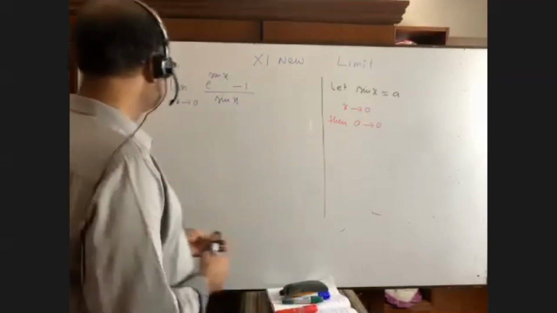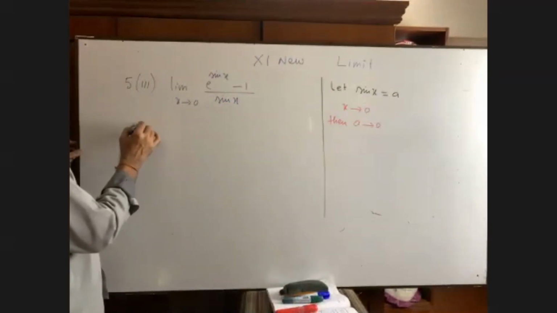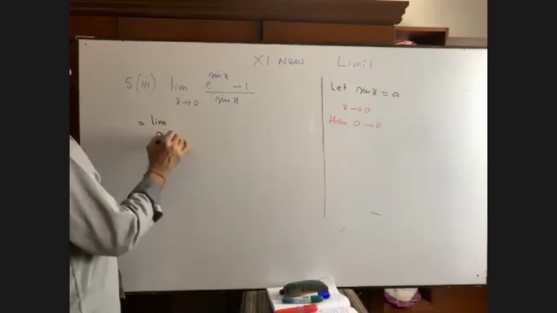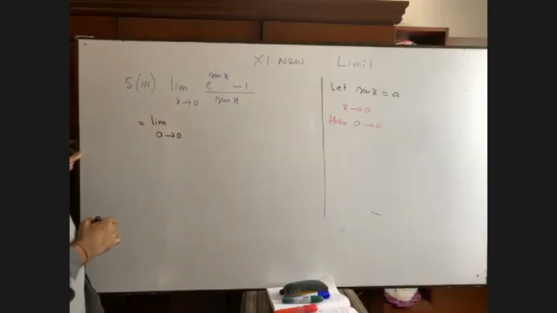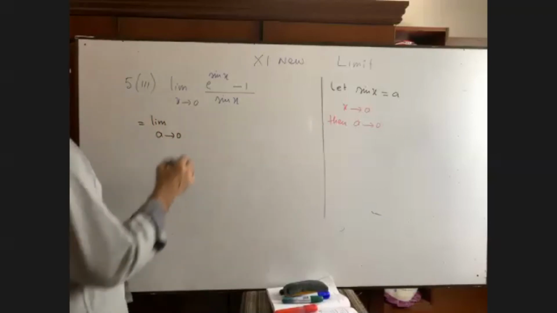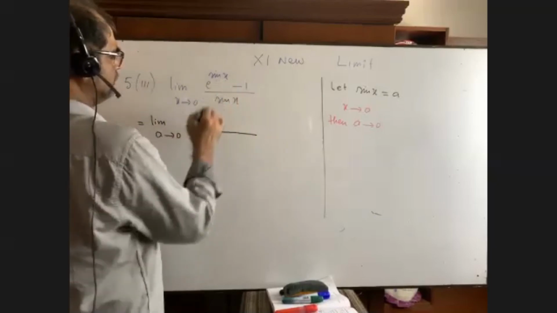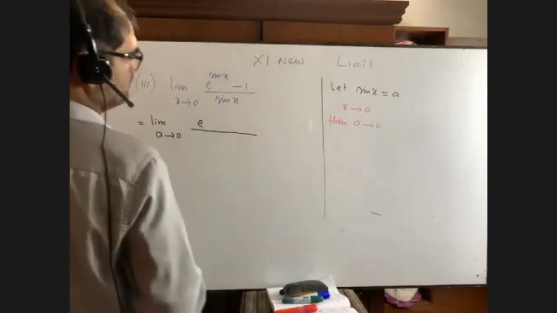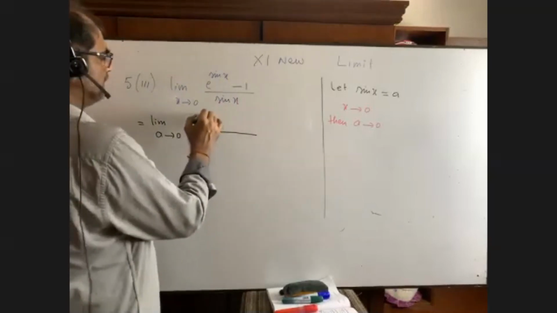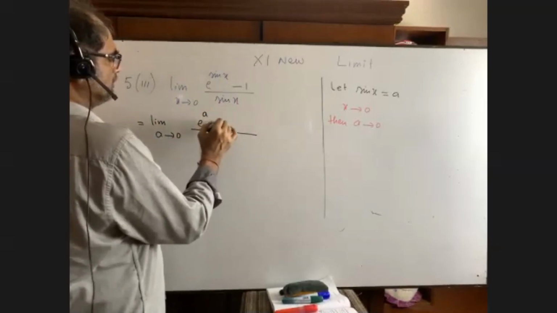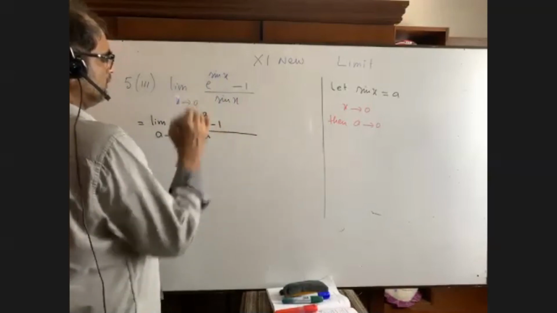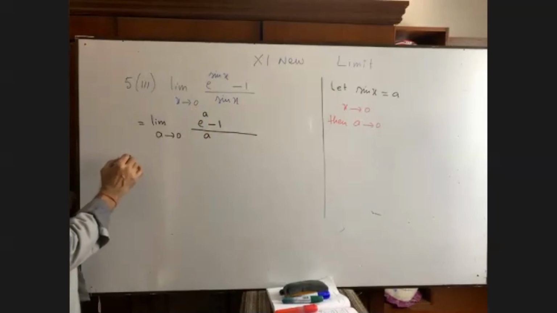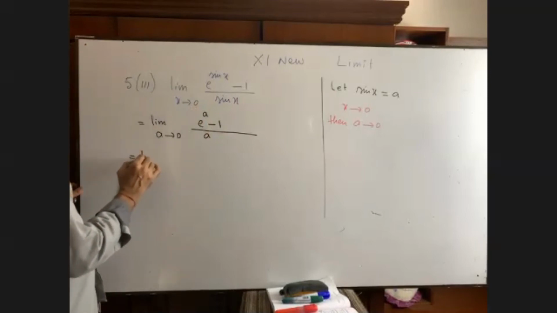So actually what we are getting here is the limit as a tends to 0, right? Now we put the value: e to the power sin x equals e to the power a, minus 1, by a. Now what is the formula?